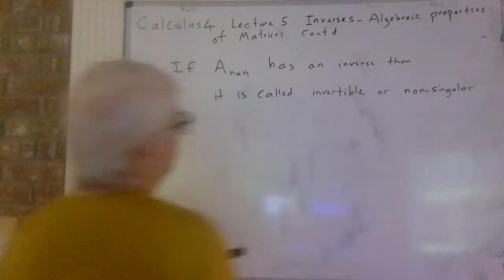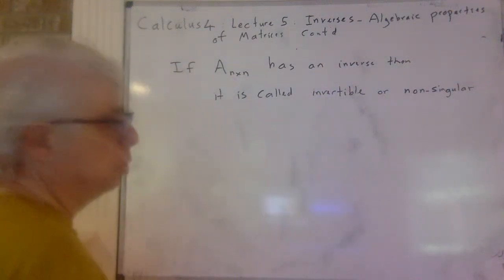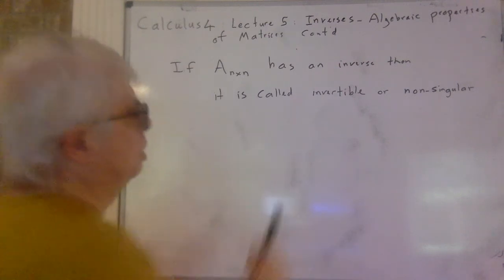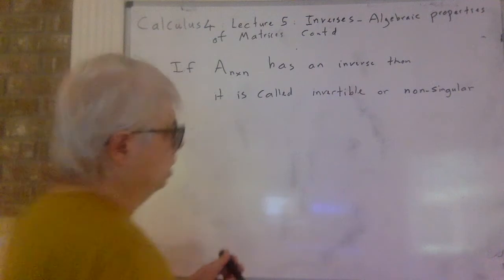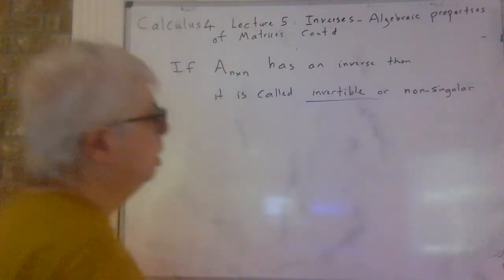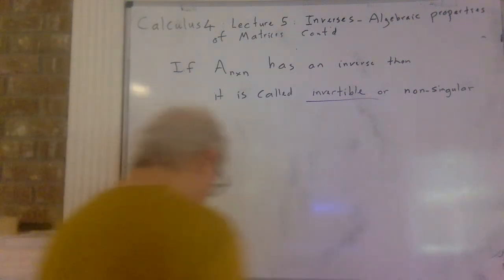If A does not have an inverse, then it is called a singular matrix. But anyway, I usually use invertible rather than non-singular or singular. But you might see that in the literature. So I have written this for you.